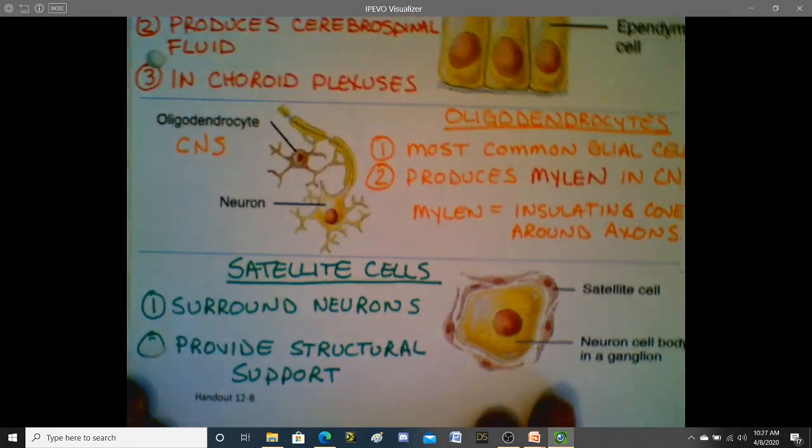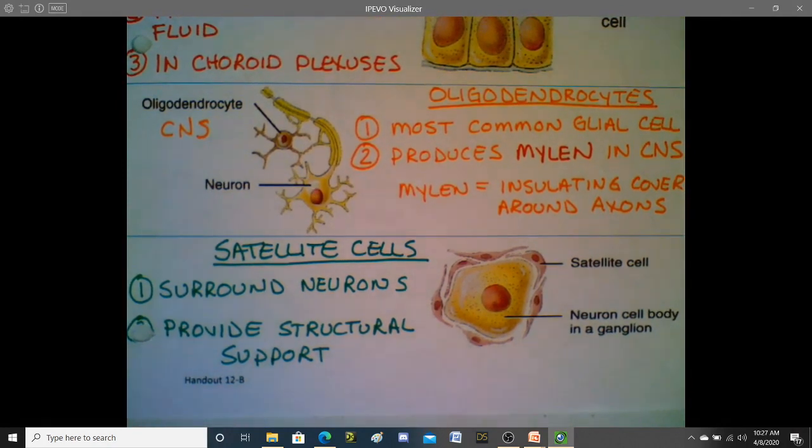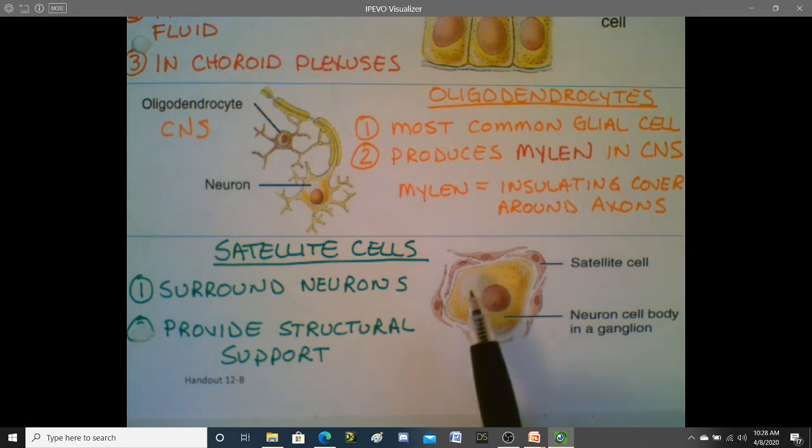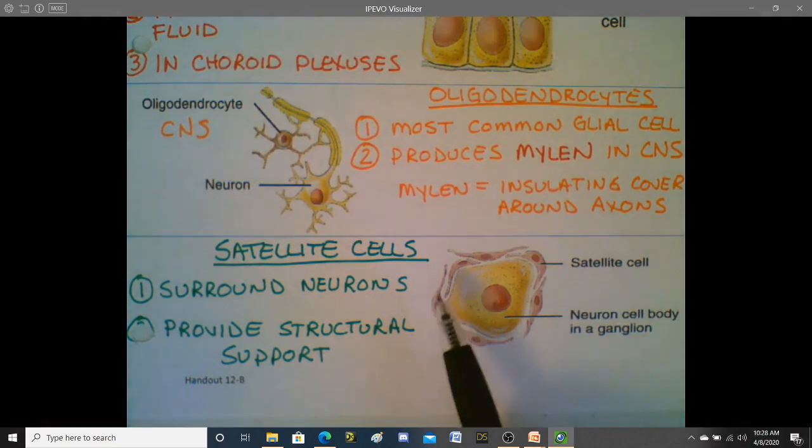Now, the fourth type and the final one for this handout are cells called satellite cells. Satellite cells are named after where they're located. If this is a bologna slice or cross-section of a neuron, these satellite cells are going to be located around the neuron.